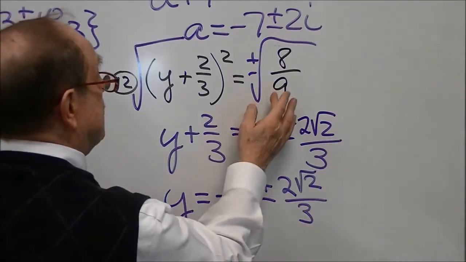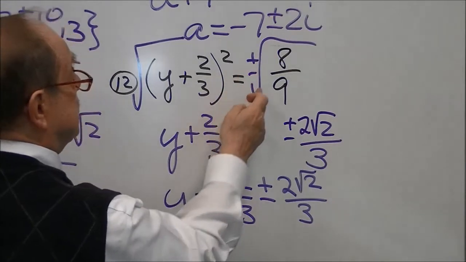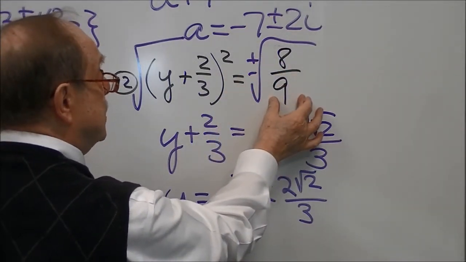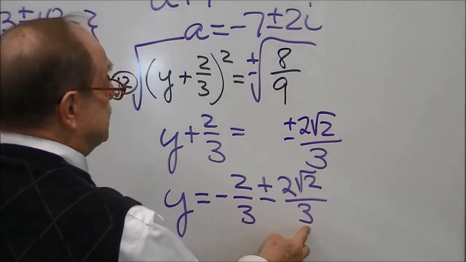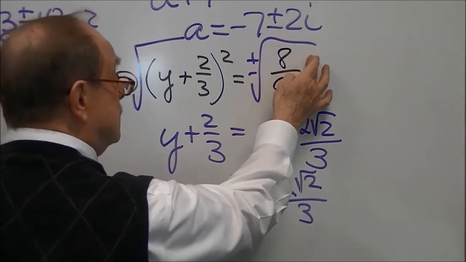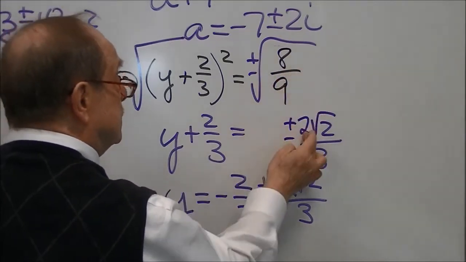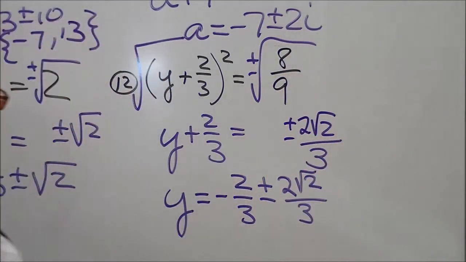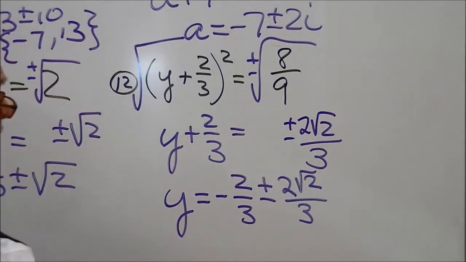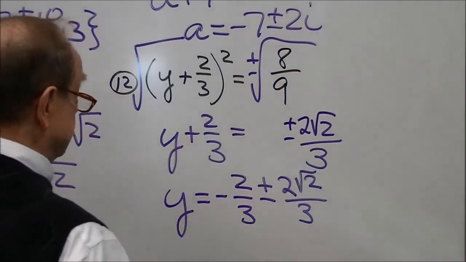Okay, so I'm taking plus or minus the square root of 8 over 9. Now 9 is a perfect square, so I put that as 3. 8, you recall, is 4 times 2. The square root of 4 is 2, the square root of 2. So this is what I needed to have over there, and I wasn't getting it with these numbers flipped.